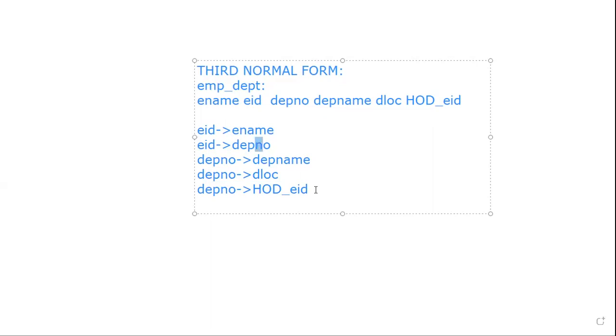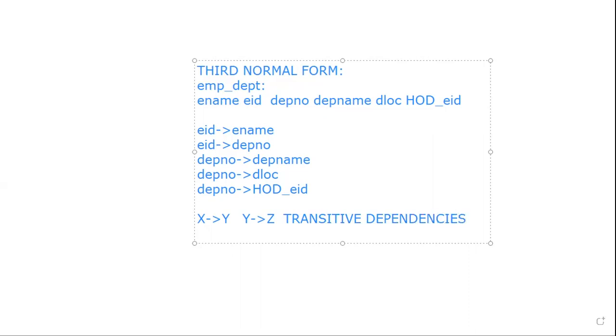In general, if X determines Y and Y determines Z, then X determines Z. If this exists, then transitive dependencies exist, and then the relation is not in third normal form.